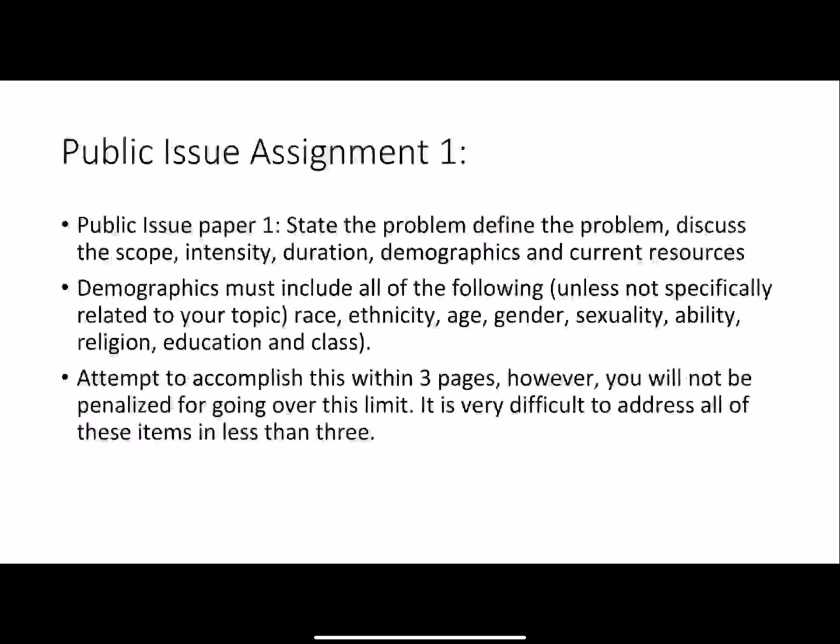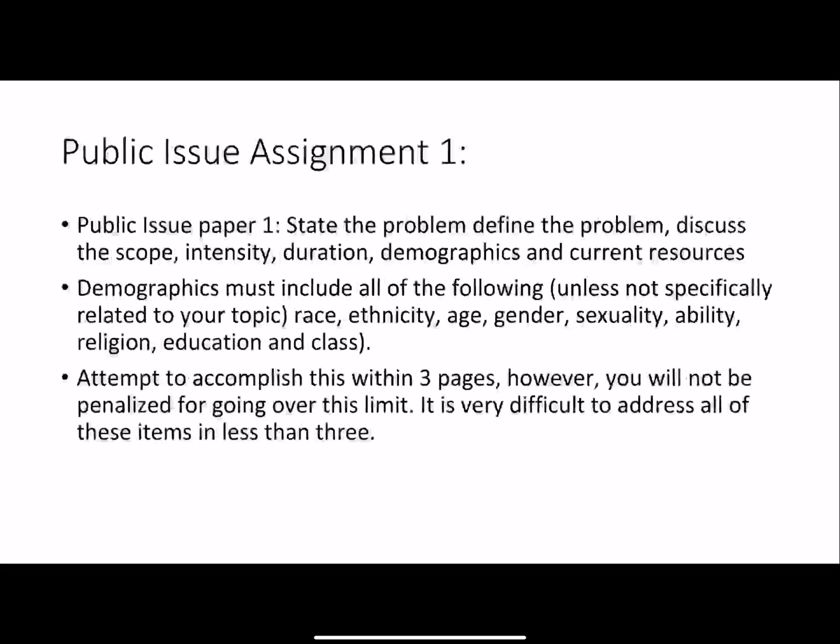Here we go. Public issue paper 1. Once you submit your public issue, you can begin doing research. Public issue 1 is related to setting the stage for your public issue. In this paper, you state the problem that you chose and define the problem. One might think it seems straightforward, childhood poverty. When you say it, those of us who are invested in healthcare and education would probably know what that might mean.